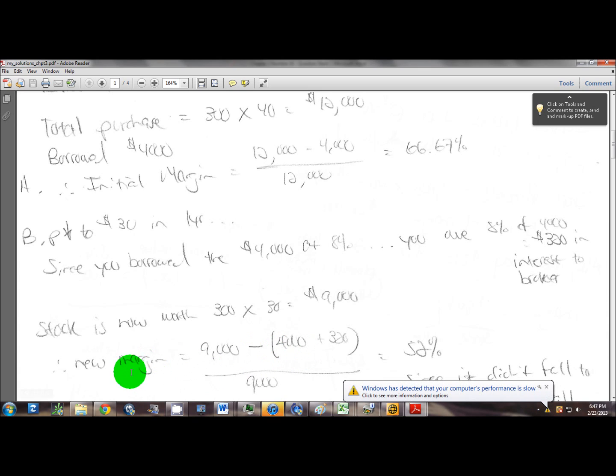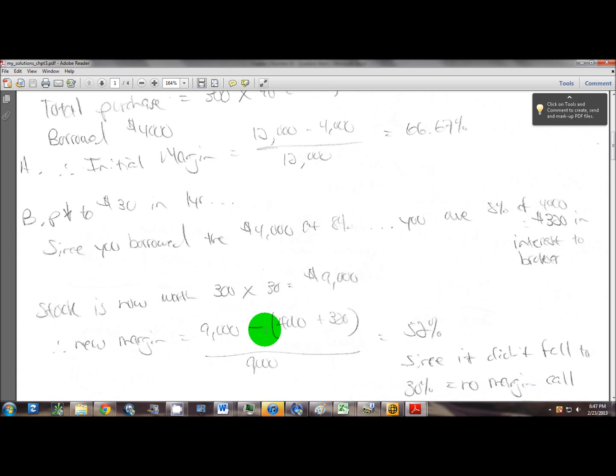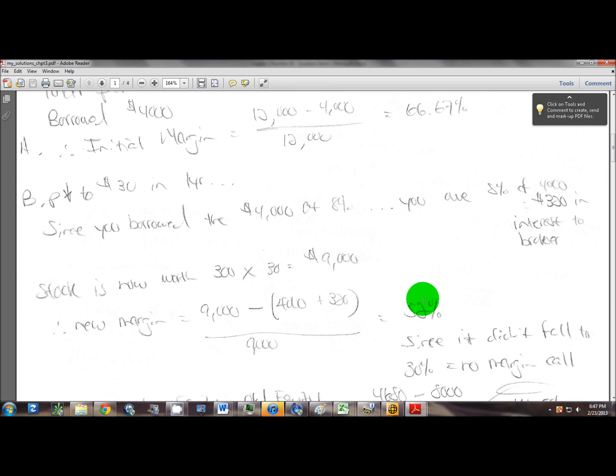So you borrowed the $4,000 that you have to pay back, plus you have an interest expense of $320, so you have to take $9,000 minus this sum divided by the current stock value, which is $9,000, and that gives you 52%. The maintenance margin was 30%, so since it did not fall to 30%, you will not receive a margin call, right?